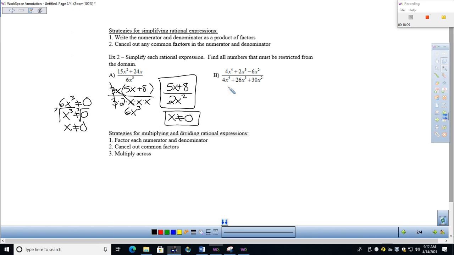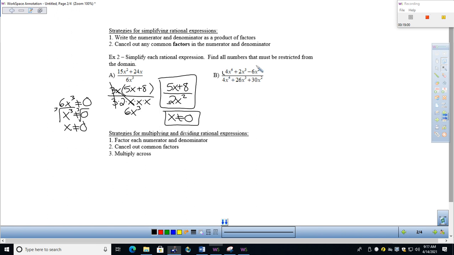And here's what I would say. I've been at this a long time. I've seen students do a lot of things. One of the things I would see students do is can't resist the temptation. So you have a 4x to the 4th on top, you have a 4x to the 4th on bottom, and I know you want to cancel those out. But these are not factors of the numerator and denominator. Again, they are separated by addition.